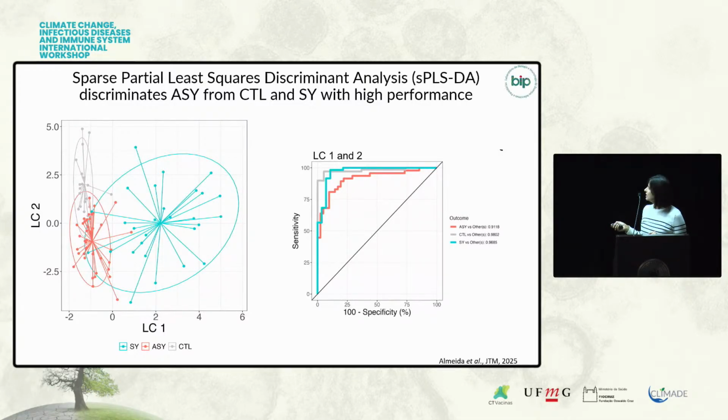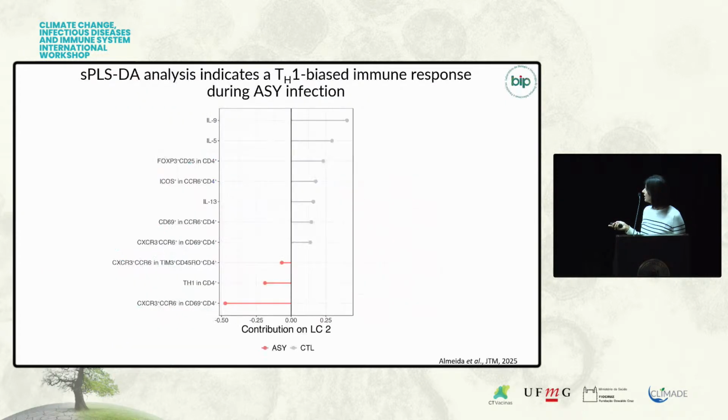And we can see in this ROC curve that the accuracy is good. And if we look at the contribution of each of those features, we see that the ones associated with the TH1 phenotype contribute in latent component 2 to discriminate the asymptomatic.